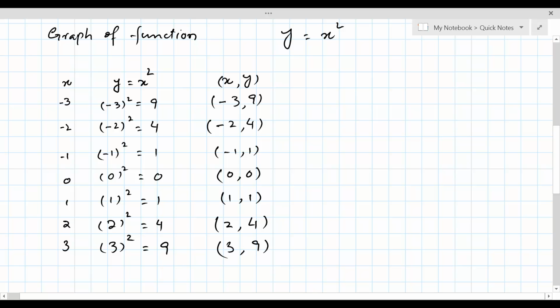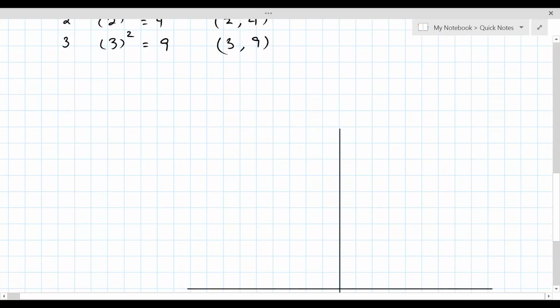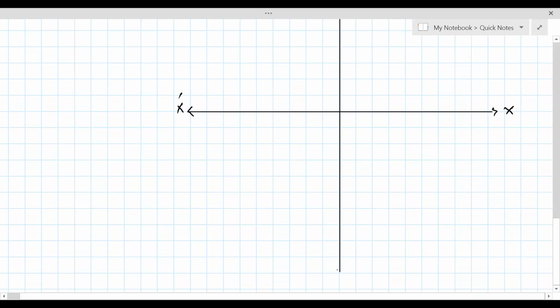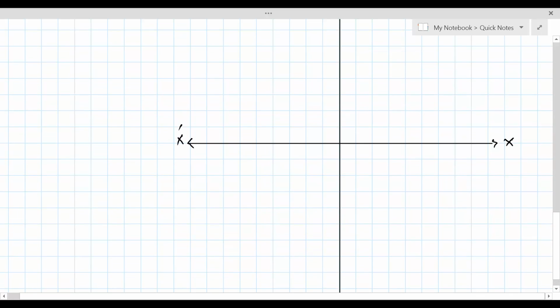Now let's plot these points on a graph paper. On the grid here, let's take this horizontal axis as x-axis, and for positive values we have x, for negative values on the left we have x dash, for positive y values we have y, and for negative y values let's label this side as y dash.